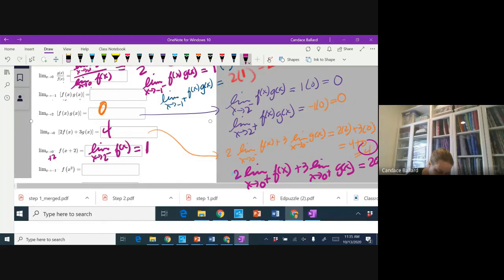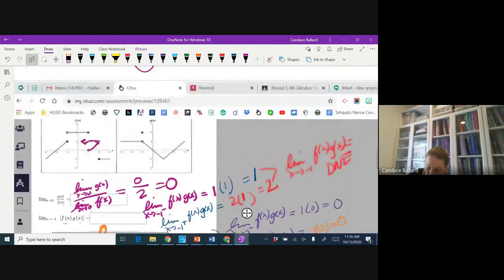The next one says, I'm just looking at the answer, sorry. I'm going to look at -1 from the left, and then we're supposed to technically square our answer. So looking at my f graph, -1 from the left.